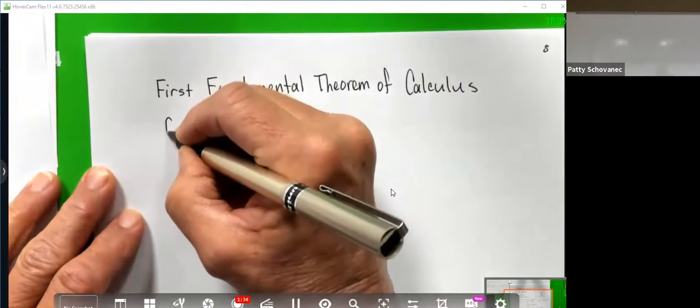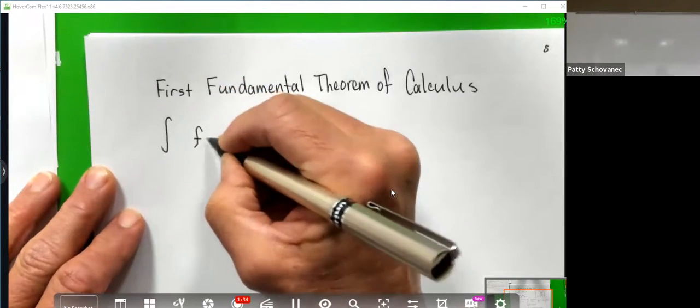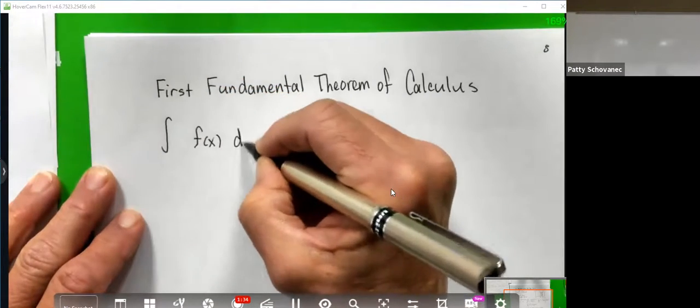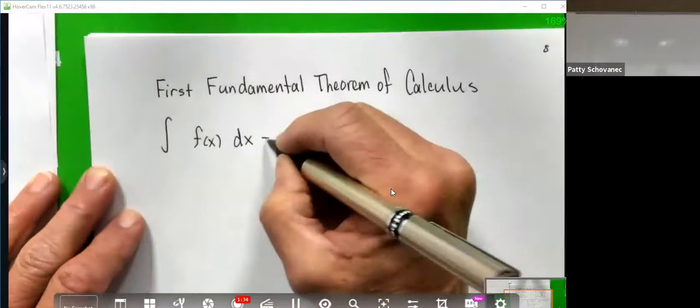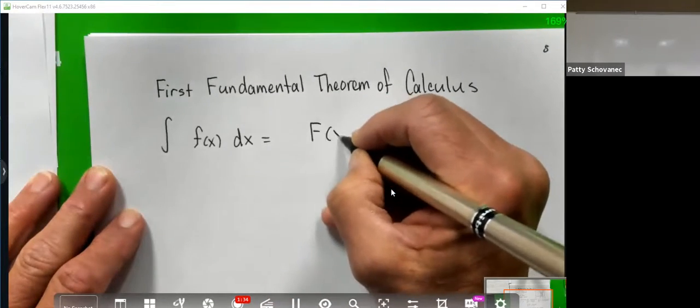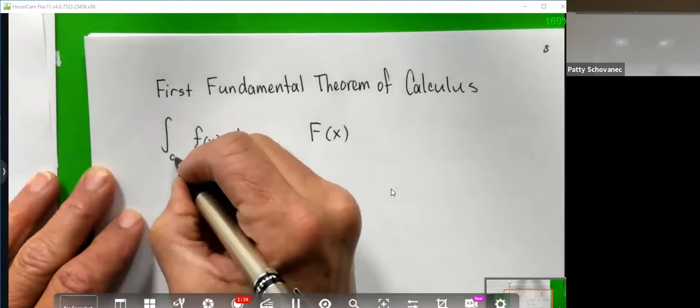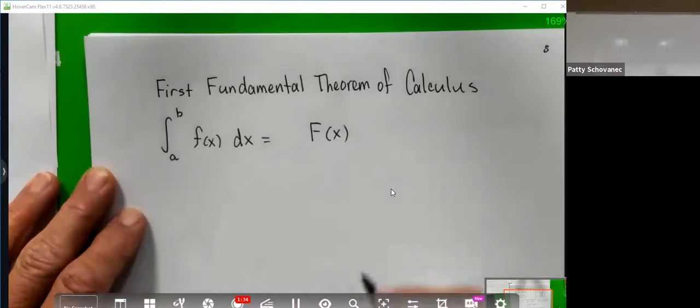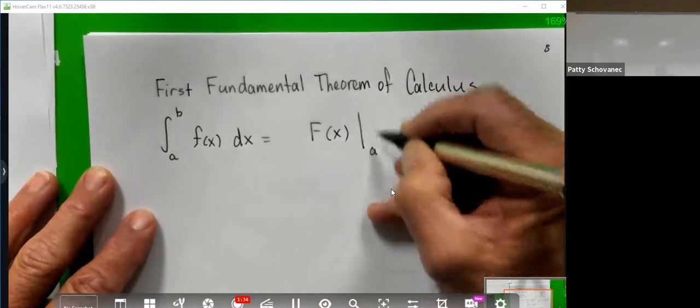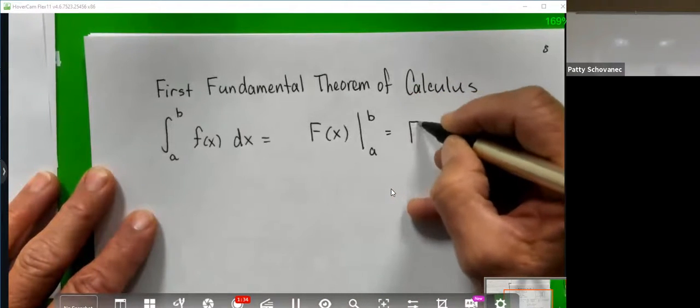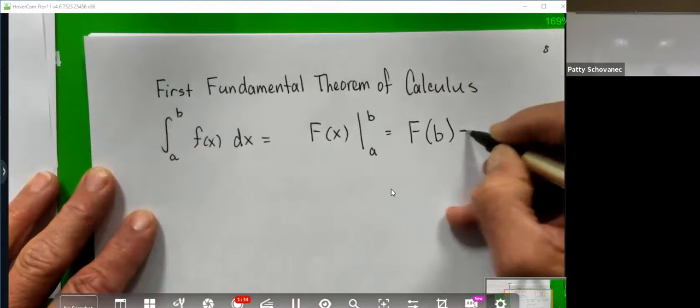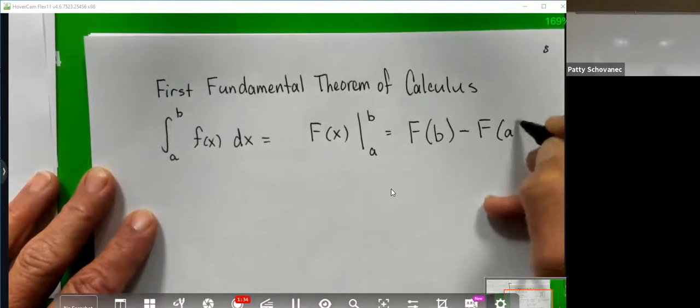This for some function little f with antiderivative capital F. The value of the definite integral from a to b is the value of the antiderivative at b minus the antiderivative at a.